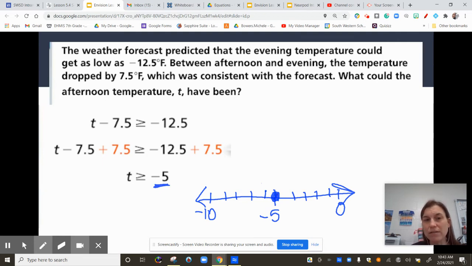And let me make sure that works. So I'm going to check that. So I'm going to rewrite the inequality, and then substitute in this possible solution here.